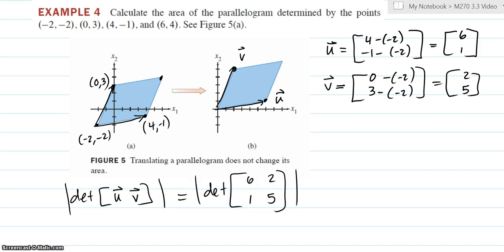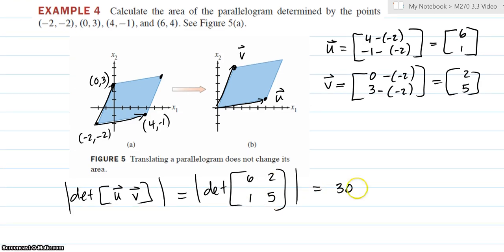That's the determinant of U, which is (6, 1), and V, (2, 5). So that would be 30 minus 2, which is 28. And just in case you did V cross U and it became negative, you can put the absolute values there. So that would be the answer for the area for example 4.